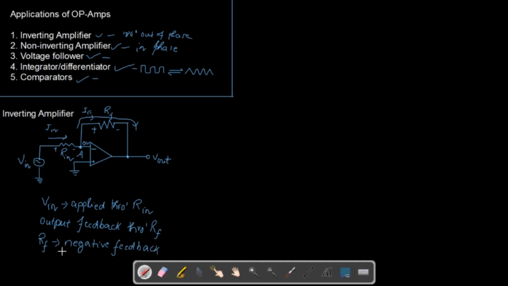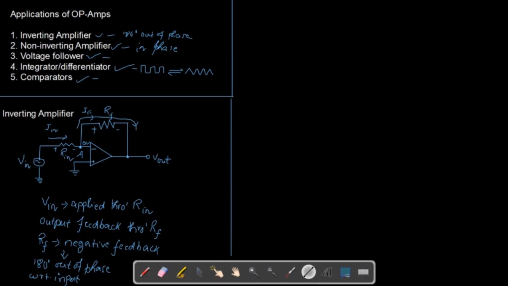Never get confused here, it's important in op-amp: out of phase with respect to input. So this is what we need to remember regarding this particular diagram.